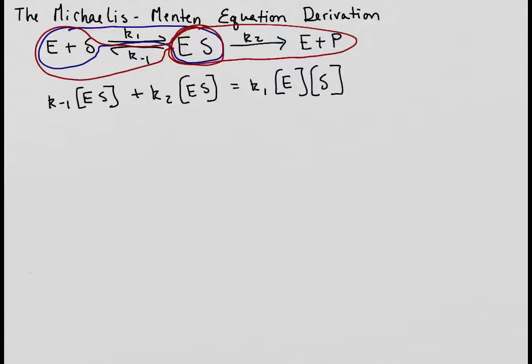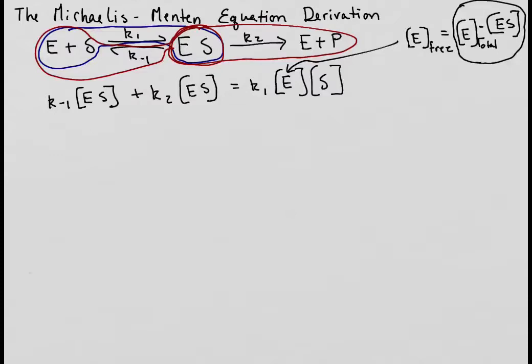Now we'll recognize this term here as being enzyme free, and recall that of course that is equal to enzyme total minus enzyme substrate. And we can plug in that whole conglomeration there for enzyme free. So that's where we're going to go next.